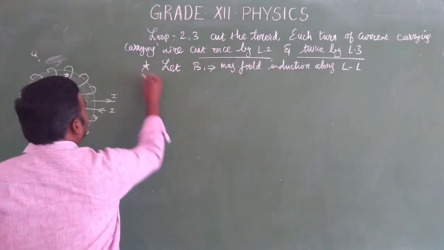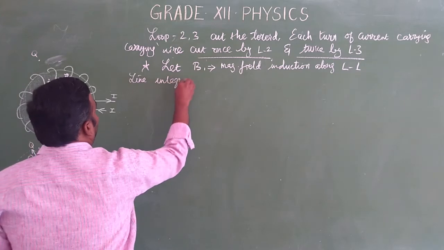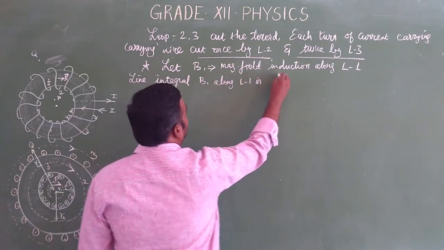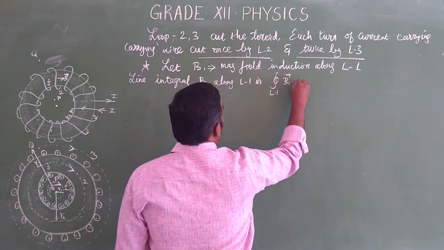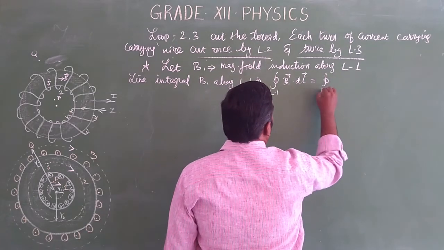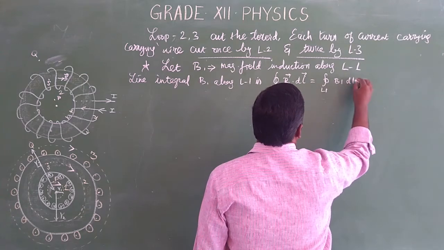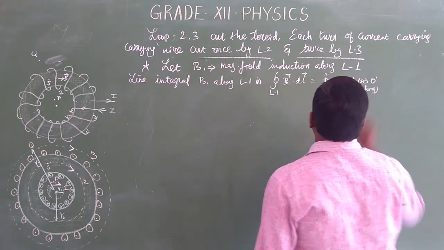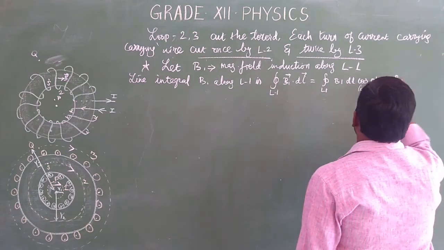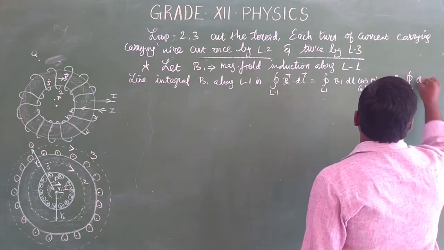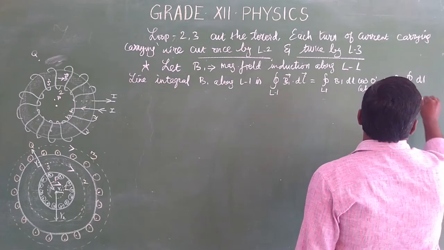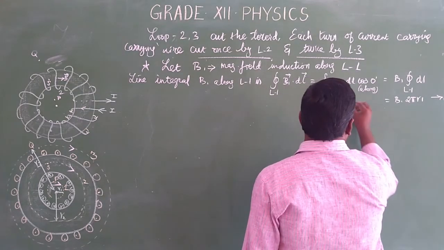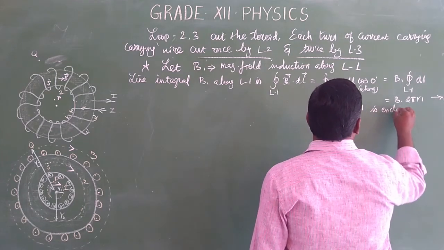Therefore the line integral of B1 along loop 1 is the closed integral over L1 of B1 dl cos theta, but it is along the loop, so theta is 0. Since cos 0 degrees is equal to 1, we have B1 times the closed integral over L1 of dl, which is equal to B1 into 2 pi R1. Here, loop 1 encloses no current.